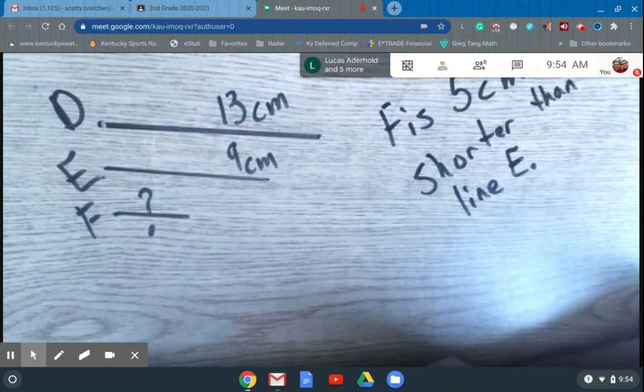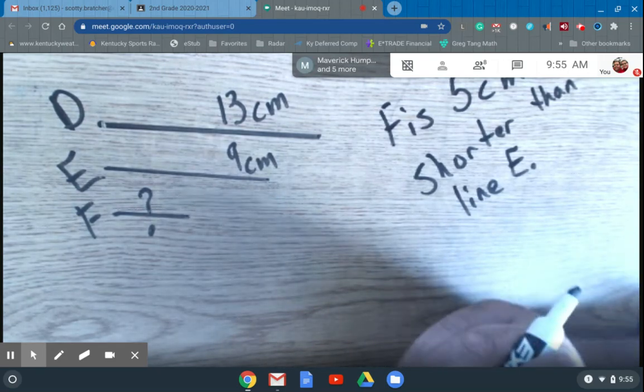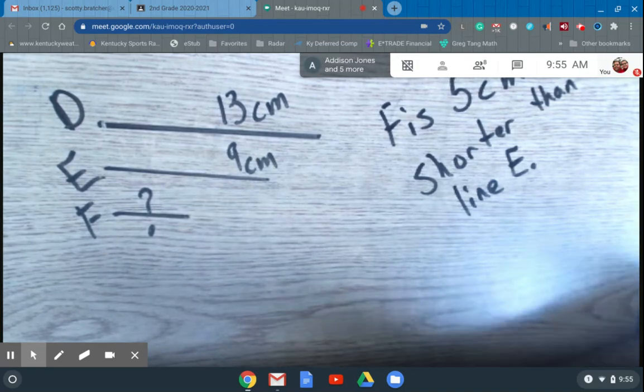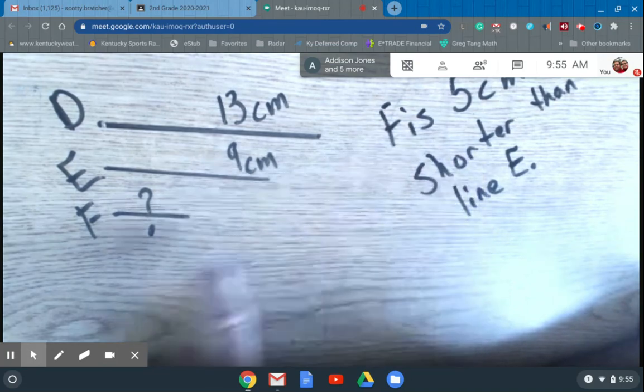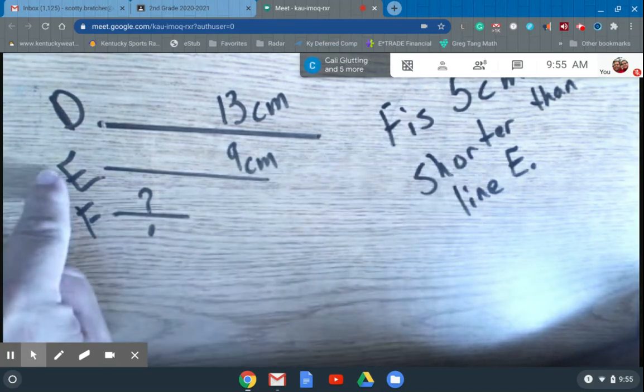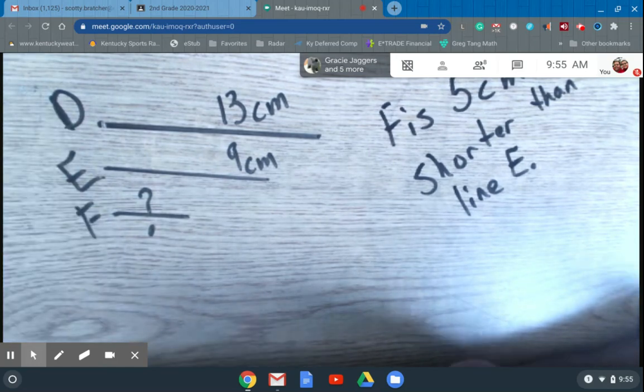Just tell me what you're thinking, buddy. It says line F is 5 centimeters shorter than E. Do I need D? No. Why? Why would I draw it if we didn't need it?